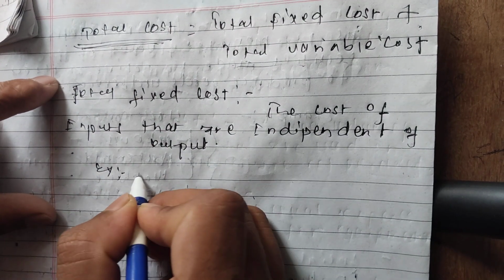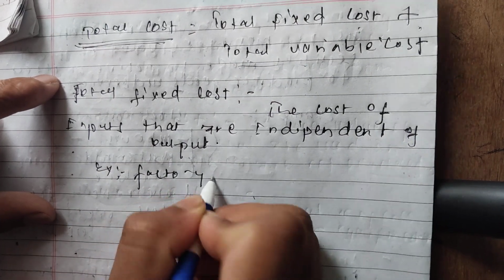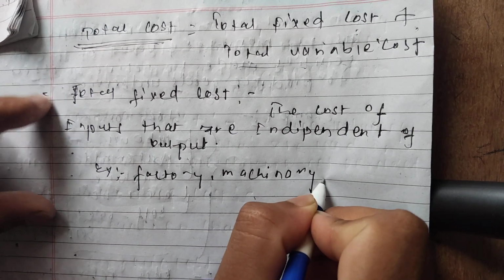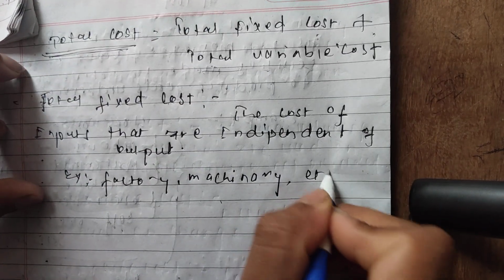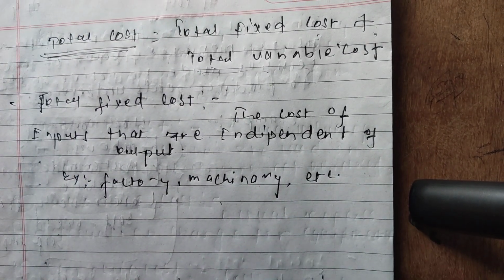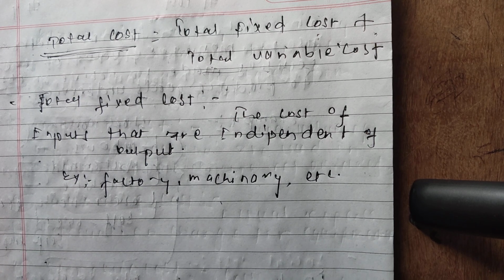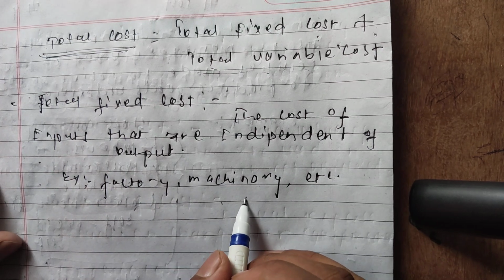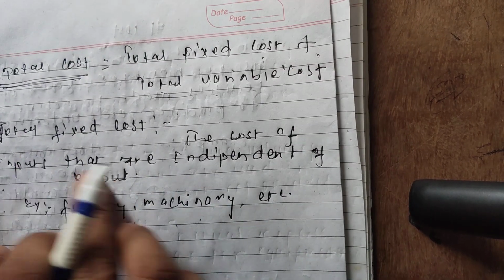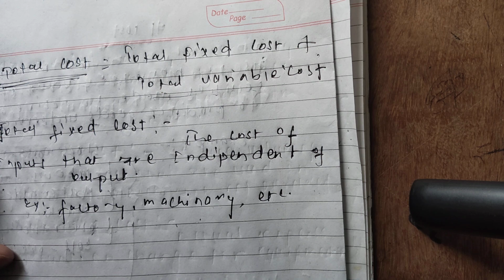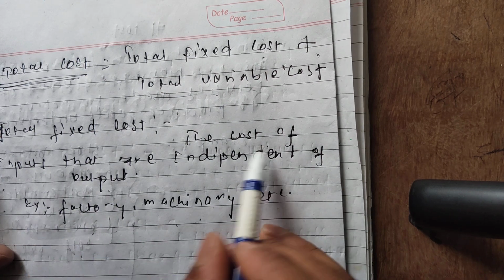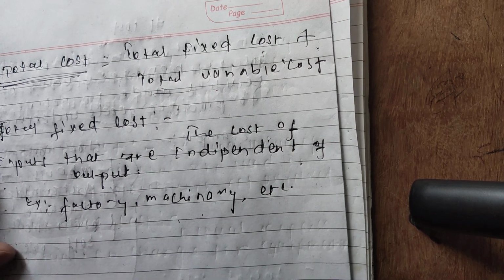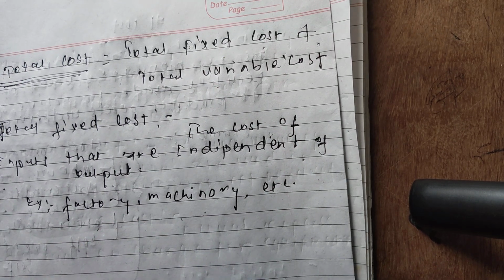Examples: factory, machinery, etc. When we run a company, we have different types of resources, like factories and machineries, that come under the total fixed cost. Fixed cost is independent of output.